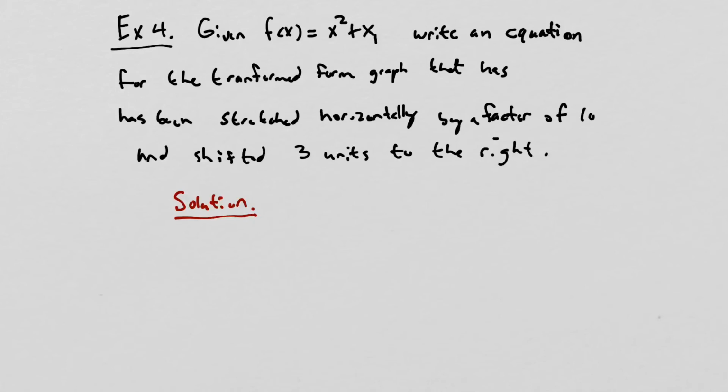So again, we're going to apply our transformations sequentially. For step number 1, we start with our original function, y is equal to x squared plus x, and let's stretch this horizontally by a factor of 10. Stretching by a factor of 10, by the previous theorem, is equal to 1 divided by c.